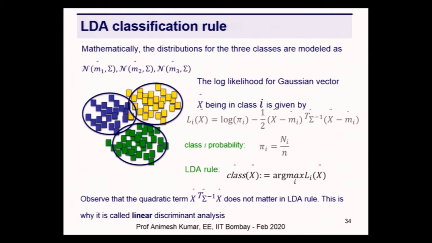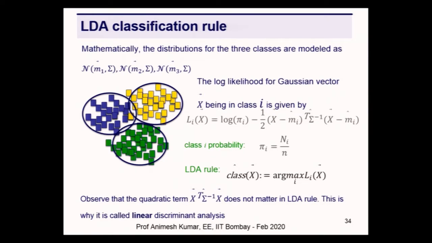What exactly is this log of pi i? In the training sample, all the classes may not be equally likely, and that's what this pi i is capturing. It says how likely it is for a class i to get realized.